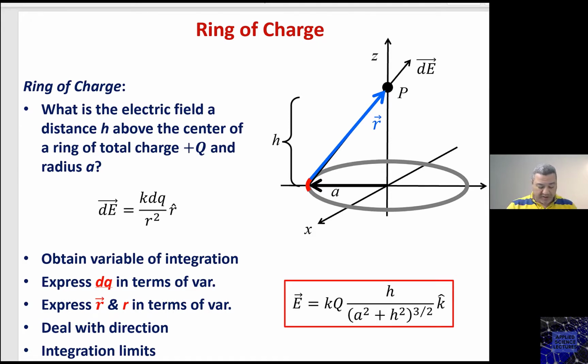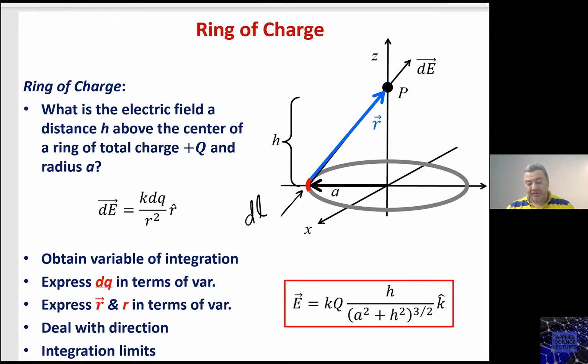The first thing, as I said, those are the 5 steps. You need to identify the variables in the ring of charge. This is my differential element here. This one is my dl, the piece of the ring, dl.